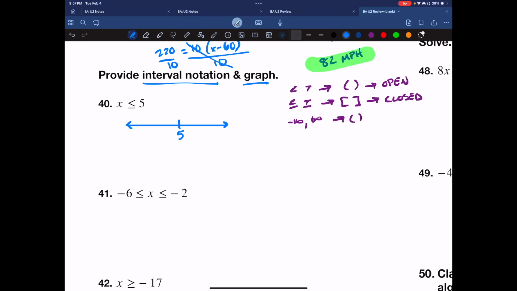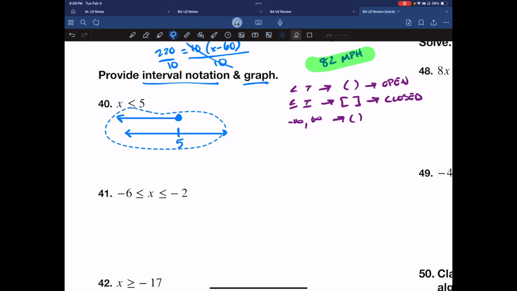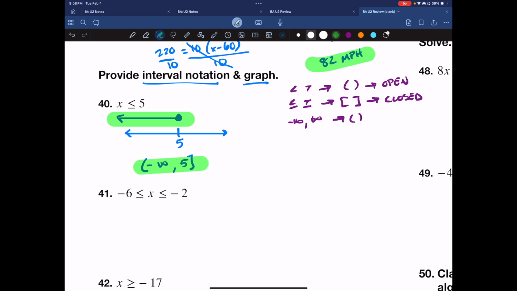It says less than or equal to, so that means I'm going to shade to the left. And because it's equal to, it's going to be a closed circle. Once you have that, this makes it really simple to figure out what my interval is supposed to be. It's everything up to and including 5. So I got 5 on the high end and a decrease without bound. Okay, so I got my graph, I got my interval. Good.